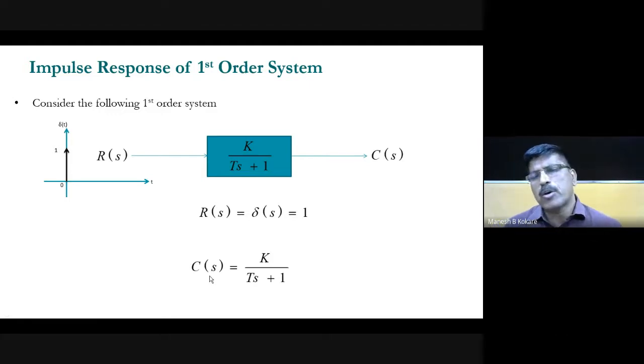How to find out the value of C of t from this? By taking the inverse Laplace transform of this equation, we'll get the value of C of t. Yes. Okay, so if you take the inverse Laplace transform of this one, what will it be? This is in standard format, K divided by Ts plus 1. So what will this be?